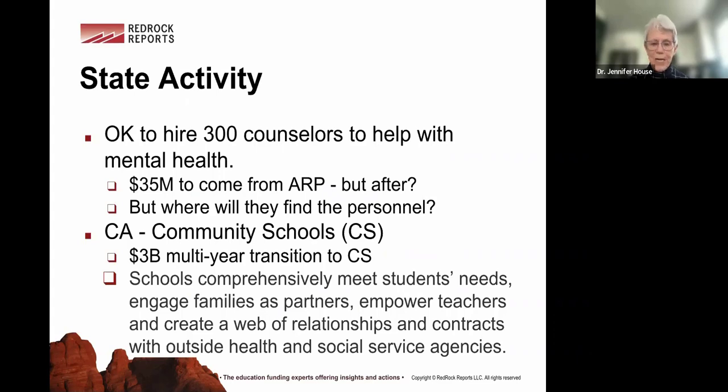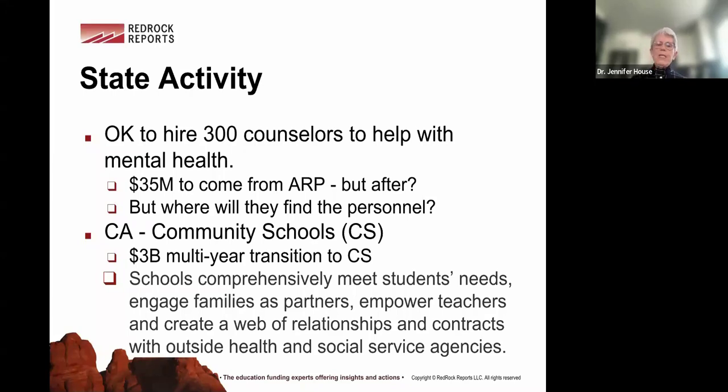Oklahoma is hiring 300 counselors to help with mental health. Again, 35 million is to come from the American Rescue Plan, but the big thing that the legislature is dealing with is how do we continue this once the ARP funds are gone? And where are we going to find personnel?